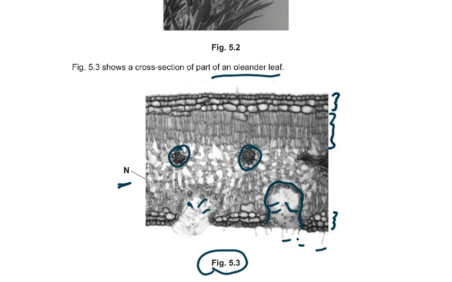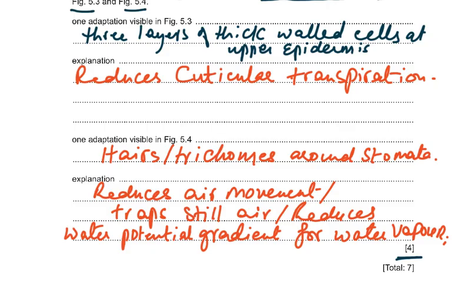So lots of points you could have given me, but it depends how sensibly you answer this question. So 3 layers of thick walled cells at upper epidermis reduces cuticular transpiration, hairs, trichomes around the stomata, reduce air movement, trap still air. Please go through the mark scheme, and then you can see the other points which were also available to you, which I have of course discussed verbally with you, but I have not written them down.